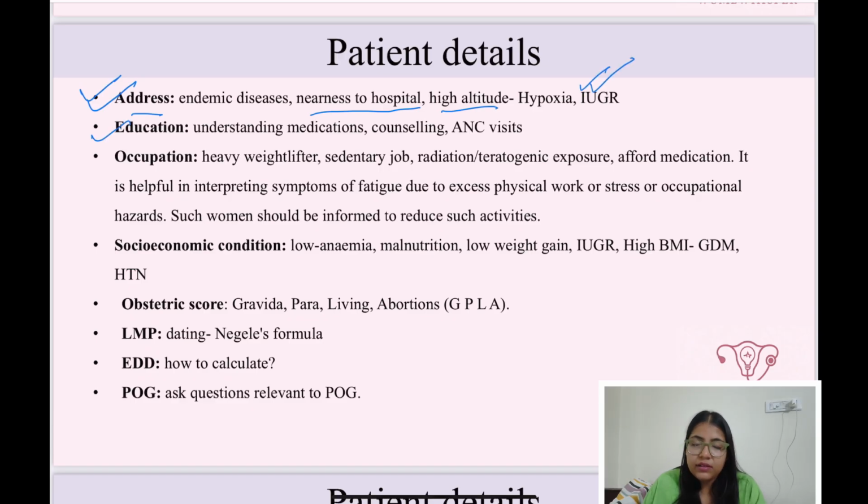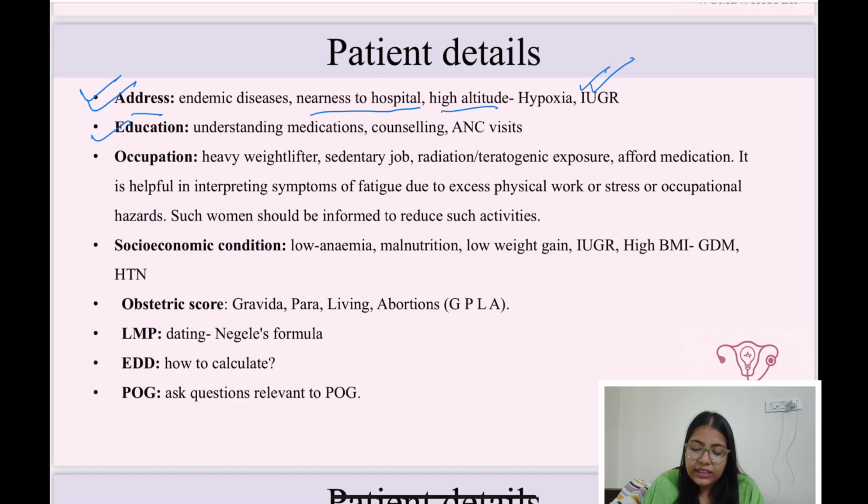Education is important. Similarly, we always explain to the patient when she comes for an ANC visit that she has to take this medication at this time. Why is physiological anemia or nutritional anemia so common in ANC patients? Because most of the time doctors also don't explain properly, and when explained properly the patient cannot understand most of the time, which may lead to intake of iron and calcium simultaneously or at wrong times, which ultimately leads to anemia.